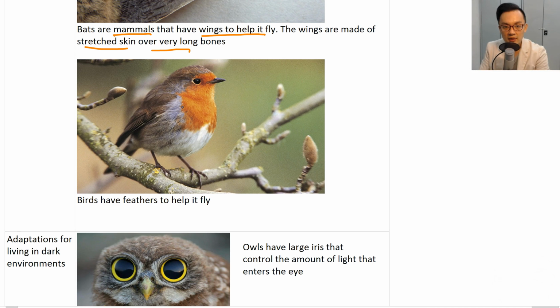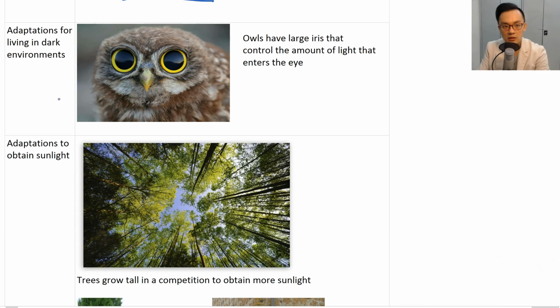So generally birds have feathers. All these are their feathers, and their feathers over here, especially in their wings, will help it to fly, right, because they are light. So let's talk about another adaptation for living in dark environments. So owls have large iris. So this is the large iris of the owl. So if you compare the owl's iris and you look at your own iris, it's much larger, because the iris will control the amount of light that enters the eye, right?